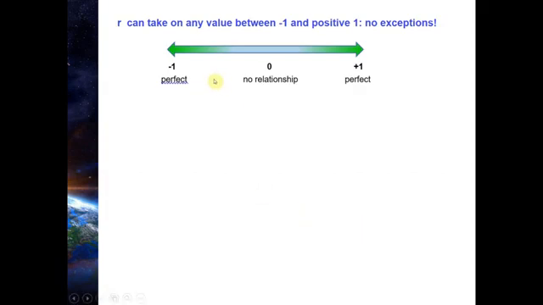And I've already mentioned R can only take on a value between -1 and +1. It can take on any value in between, including 0, but you could never get an R value greater than perfection, right? You can't get an R value greater than +1, and you can't get an R value less than -1, unless you make a calculational mistake.